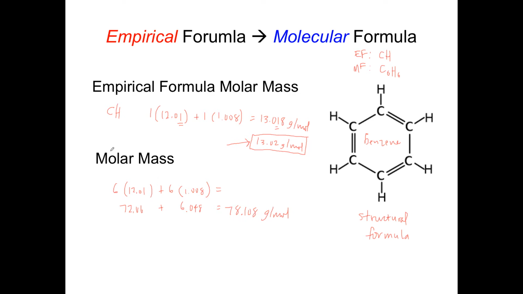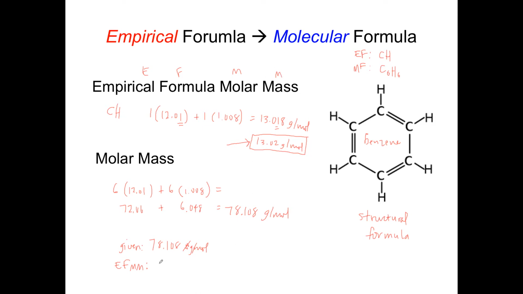So if we're trying to figure out the molecular formula from the empirical formula, suppose you knew that benzene had a formula mass, suppose this was given, in grams per mole, and then you found the empirical formula molar mass.